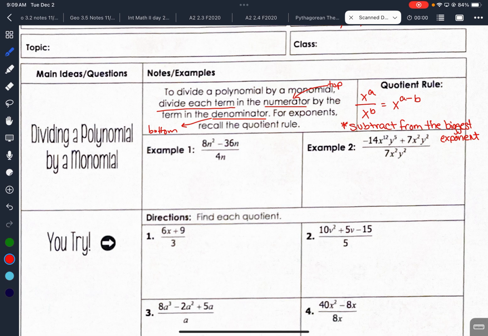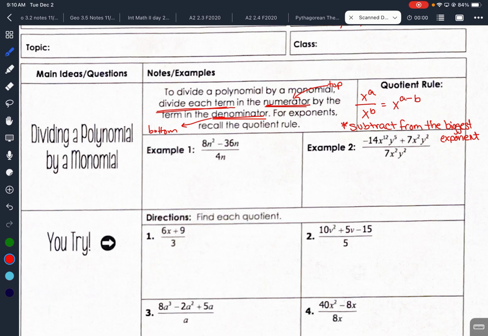So it says divide each term in the numerator by the denominator. So we're going to make two fractions. If I can combine two fractions that have a common denominator, can't I take them apart and give them common denominators? Yes.